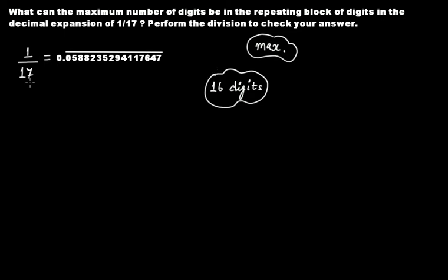We discussed this in our earlier video tutorial, yesterday's tutorial, that whenever you divide a number, if your decimal expansion is non-terminating, recurring, then the number of digits in a block that will repeat itself will always be less than the divisor.